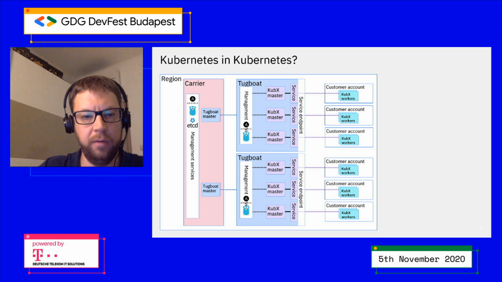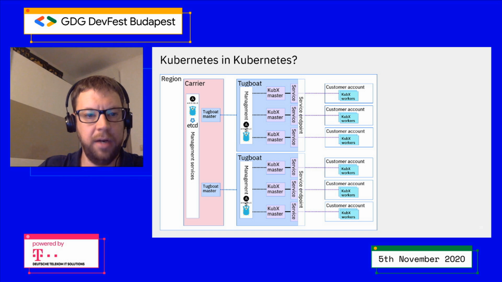Of course, we glue it with a bit of Go code. I haven't mentioned that the tugboat master is running similarly to the customer cluster, which means the carrier is able to directly manage the tugboats similarly to how the tugboat manages the end user clusters.